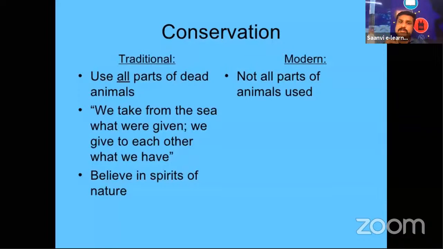That is olden days. And believe in spirits of nature. They worshipped nature in olden days. Eskimos worshipped nature in olden days, and there we take from the sea what we're given, we give to each other. Now, not all parts of animals used.